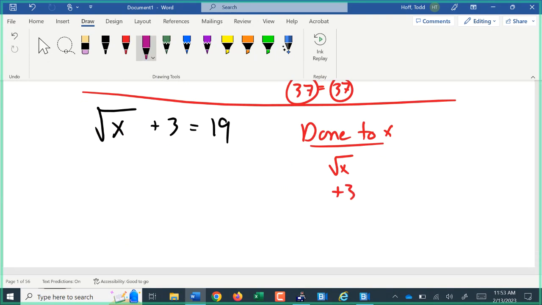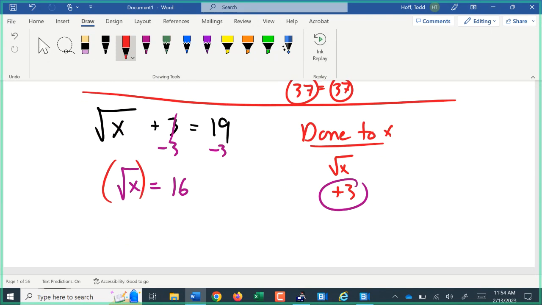So when I go to take that apart, the opposite of adding 3 is going to be to subtract 3. So the square root of x equals 16. Then to get rid of the square root, we square it. So the square root of x squared, the square root and the squared cancel out. We just have x. 16 squared is 256.